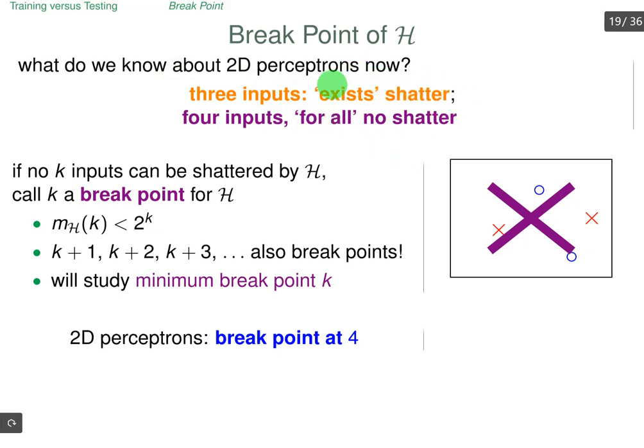This is sometimes called shattering. When it comes to 4 points, there are 2 cases where the perceptron will not be able to provide these specific labels. This means they are not able to shatter all points. I will go back to the previous slides to show this graphically.